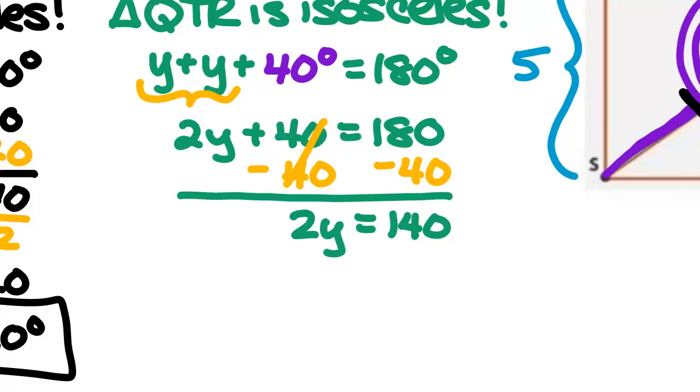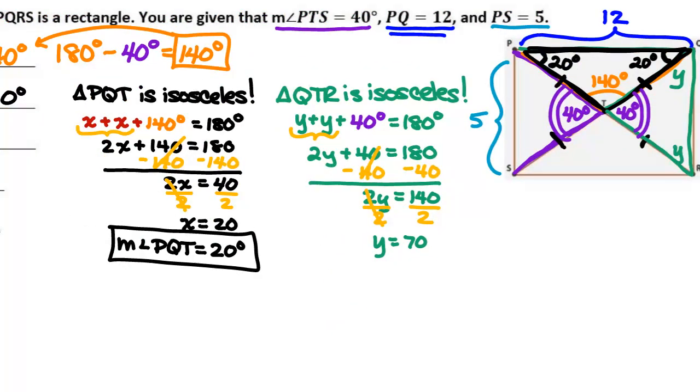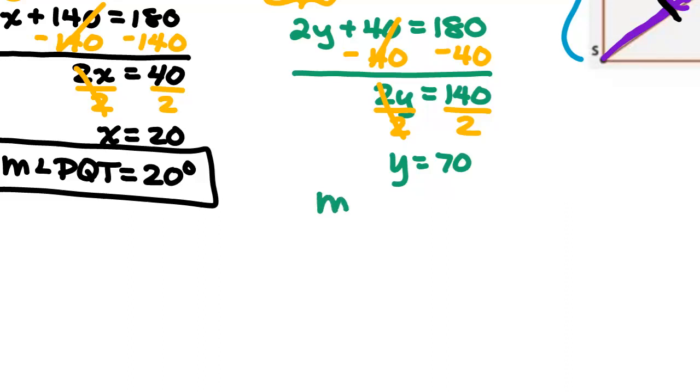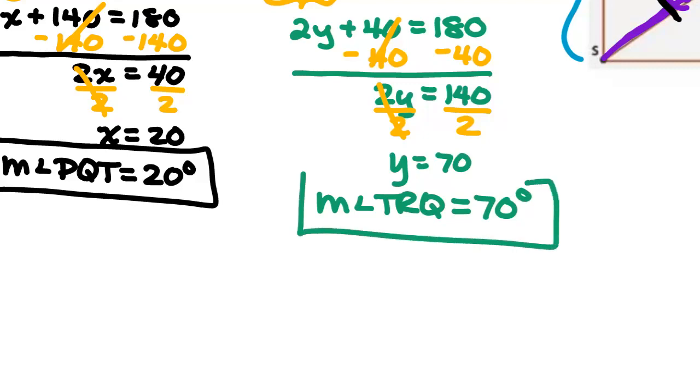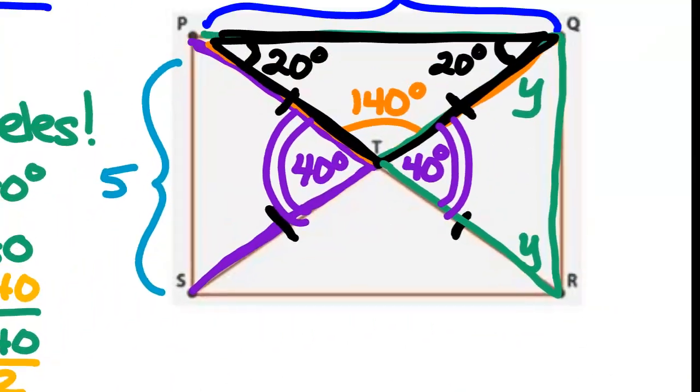So how big is y? Y is 70. We divide both sides by 2, and we get that y is 70. And what were we using y to represent? TRQ. Measurement of angle TRQ is equal to 70 degrees. So let's go add that to the picture.